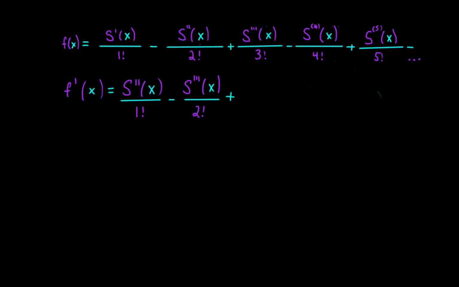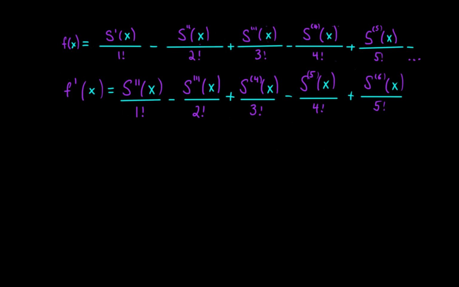Right, the factorials are just constants, so they're not affected by this differentiation, so plus s4 of x, or the fourth derivative of s with respect to x, evaluated at x, over 3 factorial. I'll just say minus s5 of x, and hope you understand what I mean by that. I mean the fifth derivative, all over 4 factorial, plus s6 of x, all over 5 factorial, and so on.